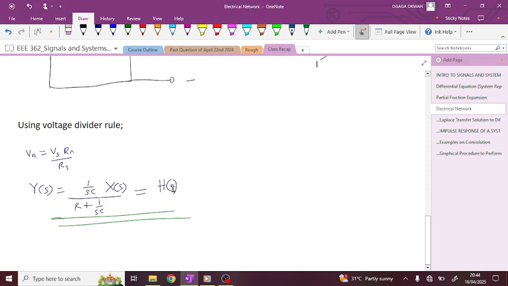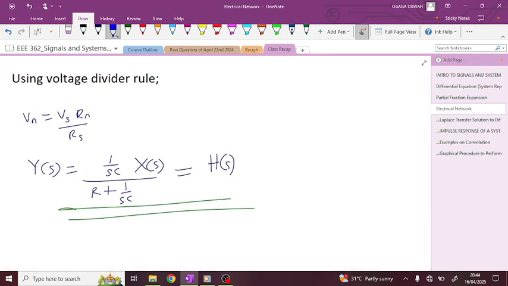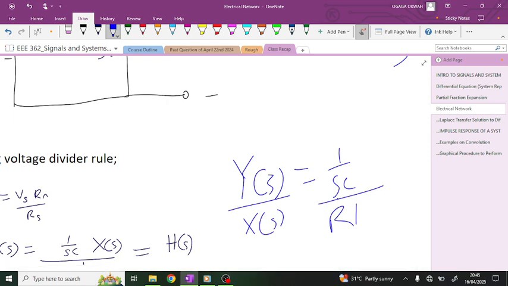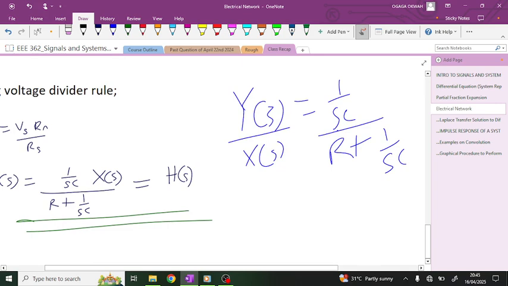Okay? So we can just give our answer like this. Of course, if you want, you can say y of s over x of s equals 1 over sc over R plus 1 over sc. You can do it this way if you want, but you can just give your answer like this.